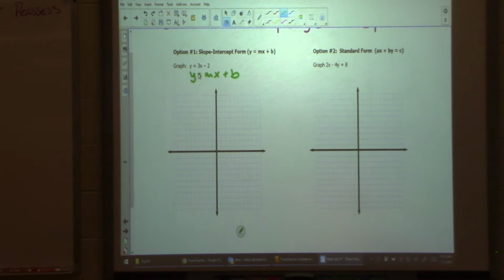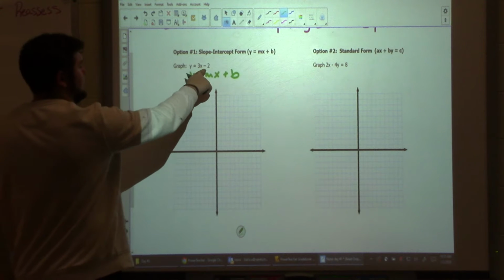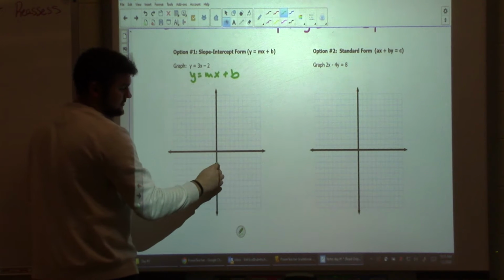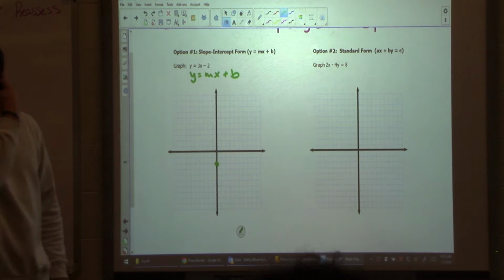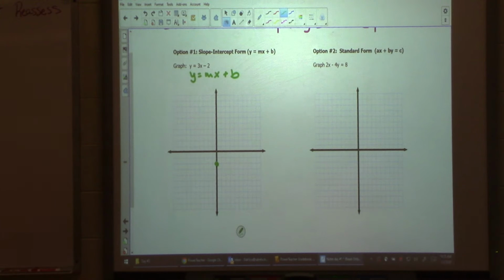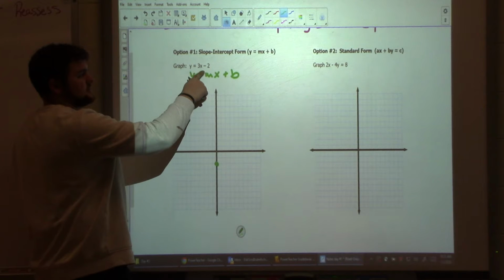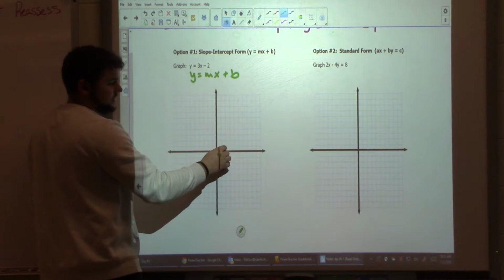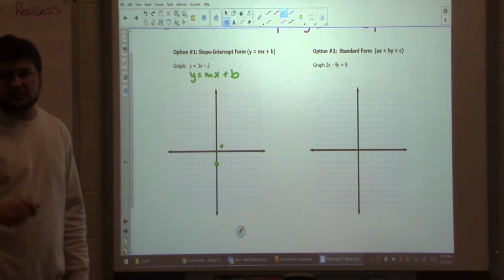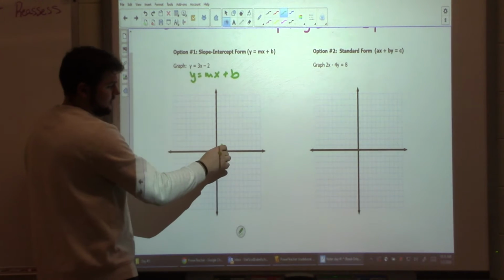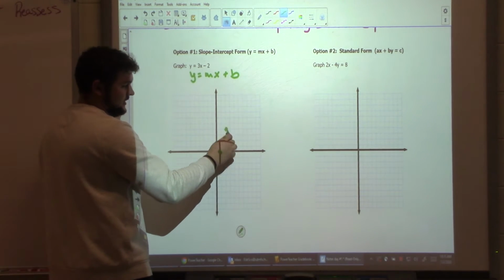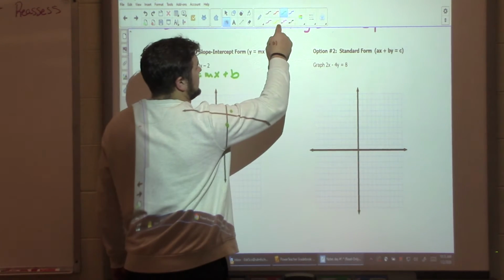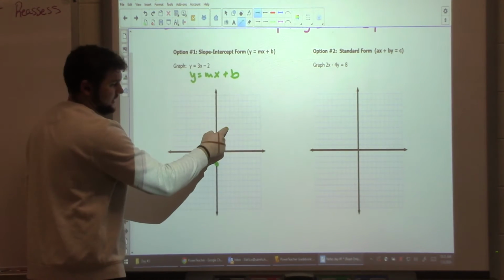Y-intercept. So in this case, my y-intercept is going to be at -2. Put a point at where y is -2, right on the axis. Okay? What does the m stand for? The slope, right? So m is the slope. So right now it's 3 or 3 over 1. Up 1, 2, 3, over 1. Remember, slope is always rise over run. And you would take your straight edge out and draw your line.